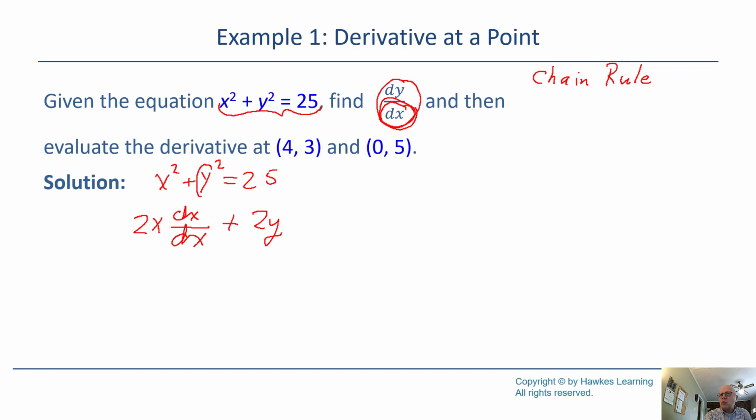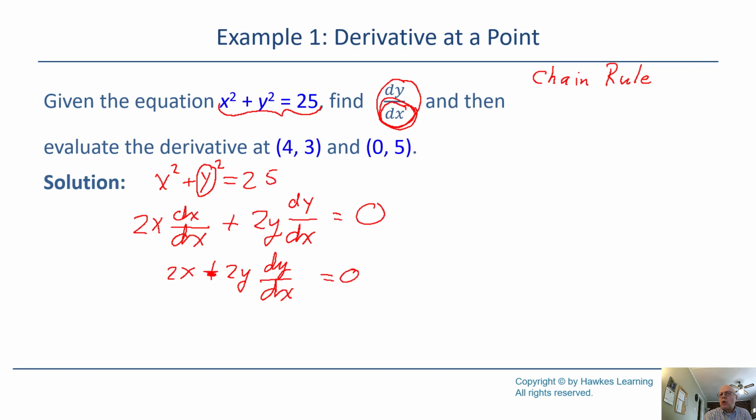But if you think about y as a function, we'll have dy and dx because we're differentiating with respect to x. On this side, the derivative of 25 is 0 easily. Next, since this is a 1, we can just write this as 2x times 1, plus 2y dy/dx. You can write that as y prime if you're real careful.